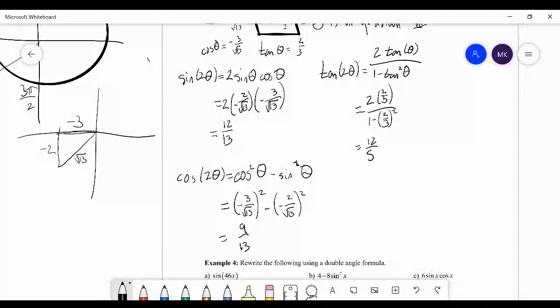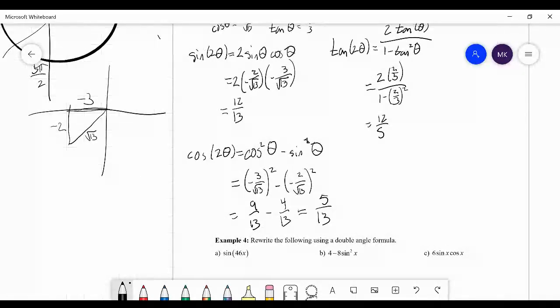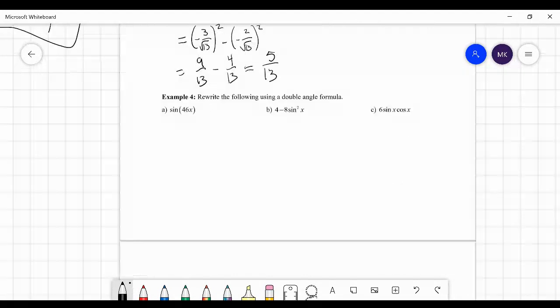We get 9 over 13 minus 4 over 13, and that comes to a lovely 5/13. And there you have it, right? So again, relied on doing this right triangle trig stuff, figuring this out, and then just applying the formulas. Nothing too crazy or scary.